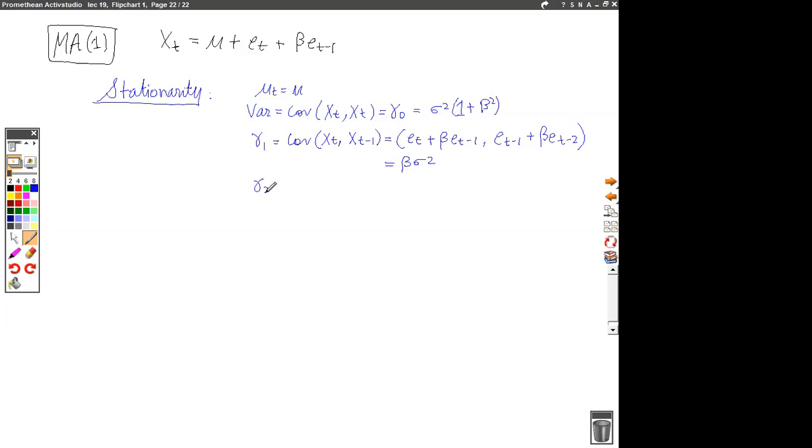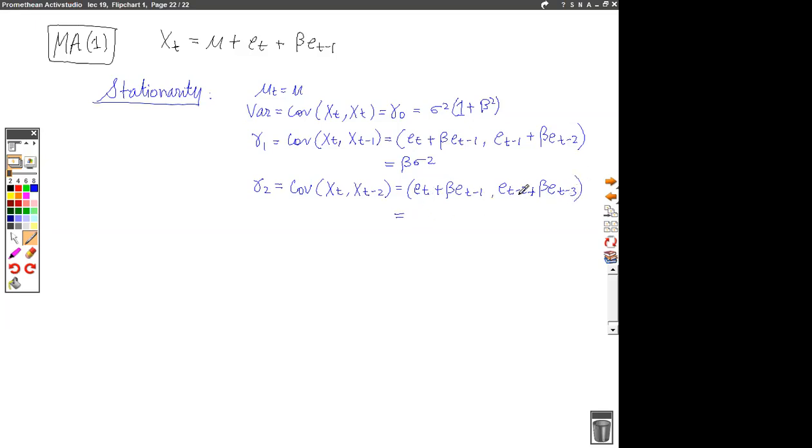And now let us figure out gamma 2. This will be covariance of xt comma xt minus 2. And if I expand xt, I get et plus beta et minus 1. And for xt minus 2, I get et minus 2 plus beta et minus 3.